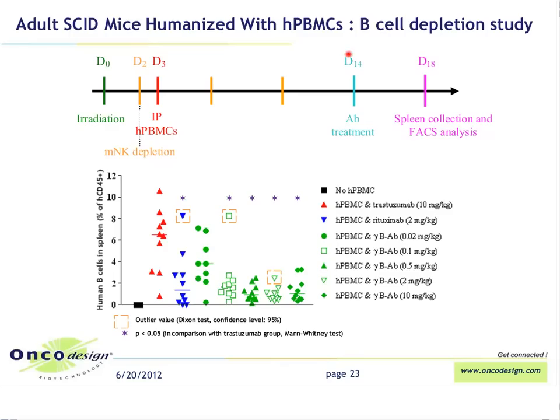At day 14, we know that the human PBMCs are well disseminated in the mouse system: we have circulating PBMCs, and we also have human PBMCs in bone marrow and spleen. We perform an antibody treatment, single dose, and 4 days after, we collect the spleen for evaluation of human B cells in the mouse spleen.